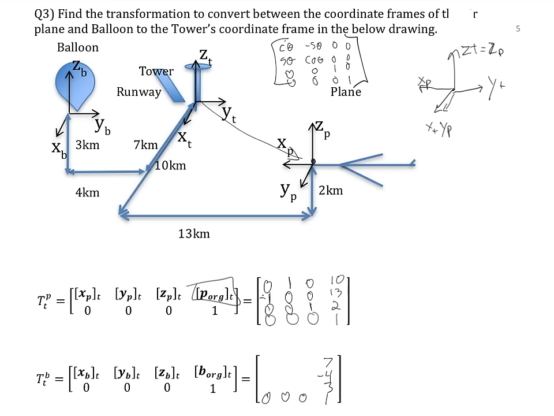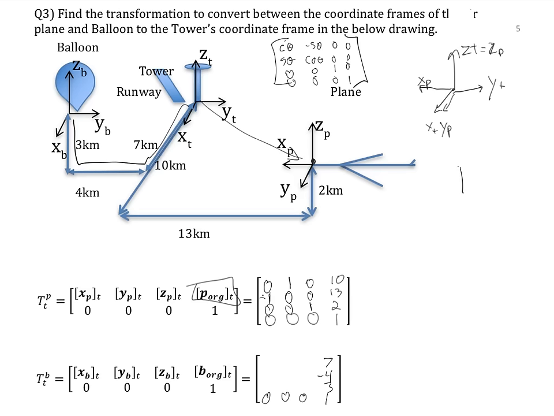Okay, so that would be the origin of the balloon from the tower's coordinates position, or the tower's perspective. And now we need to put their two origins on top of each other and find orientation.